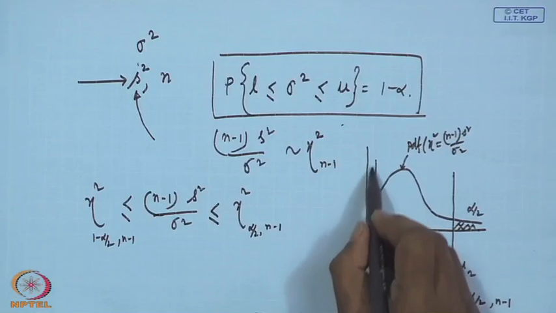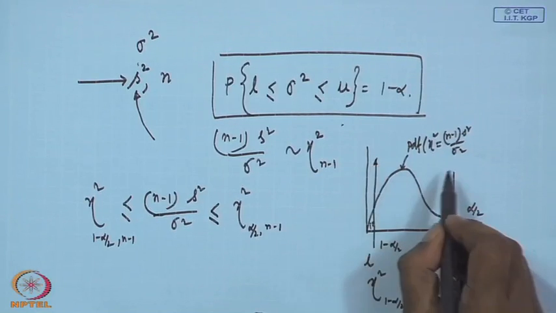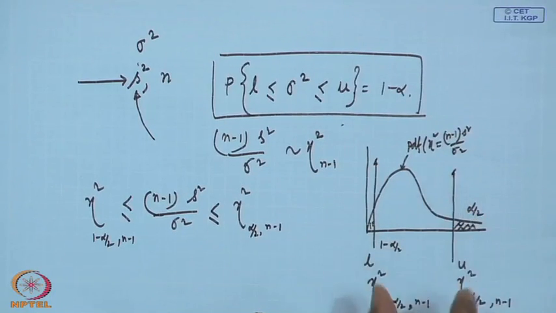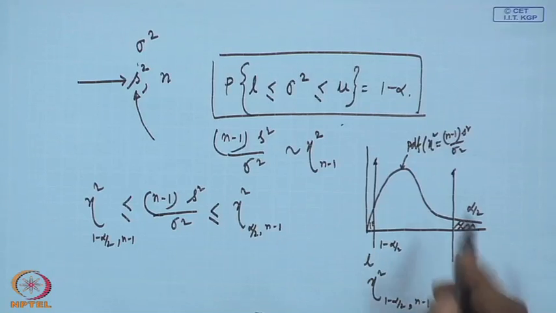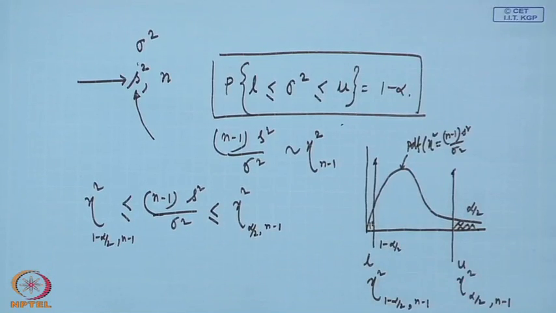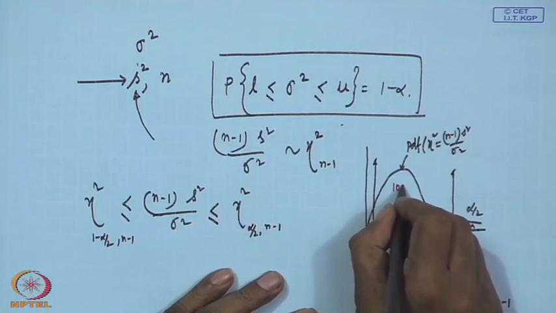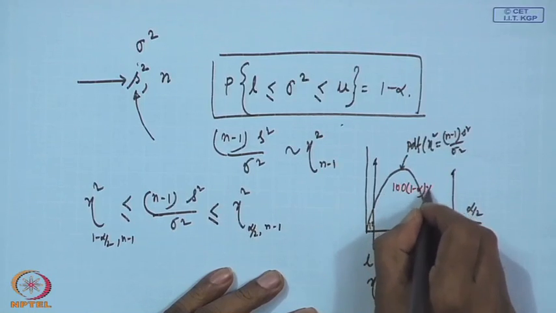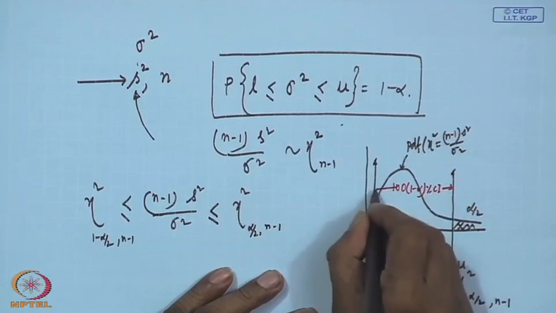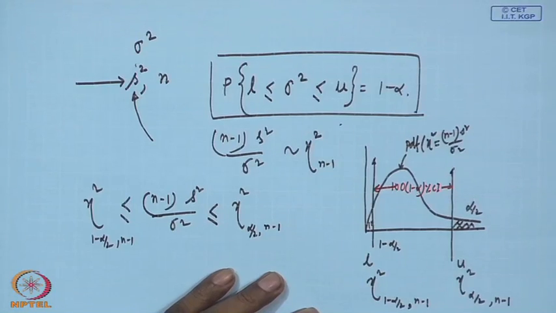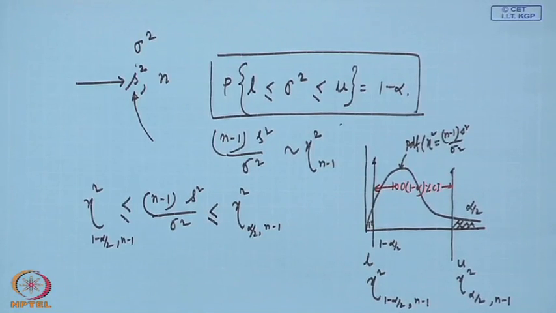These two are the limits of the interval, and whatever is in between is our 100 into 1 minus alpha percent CI for the variance.